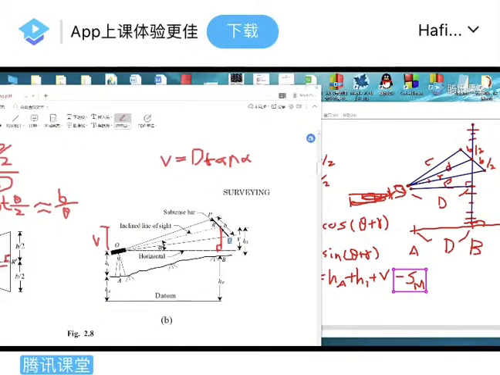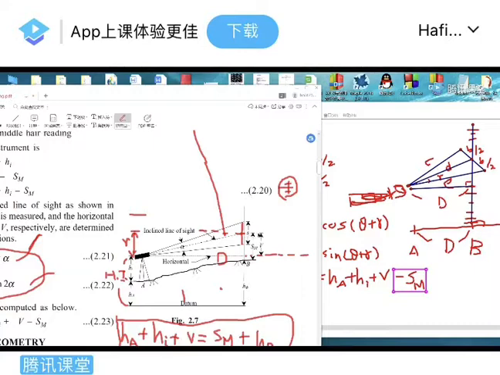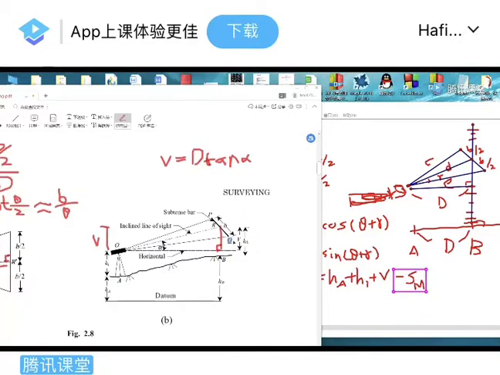This is our middle one. Look at the middle, the intercept. So take a look at this one. This indeed is our SM. You see, it's our SM. But the reason they don't write SM here is because this one has been tilted. The previous one was a vertical one. Anyway, the idea is the same. I will just write down HS. Or if you like, you can even write down HSM.